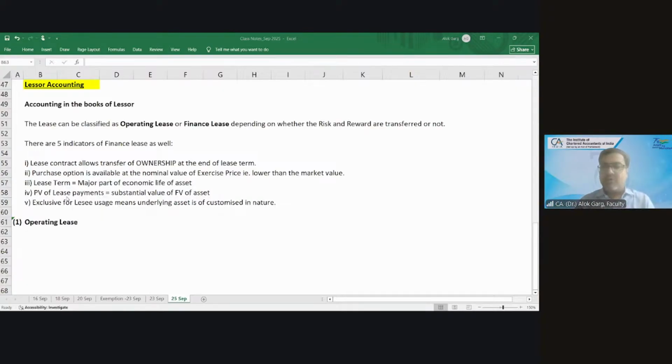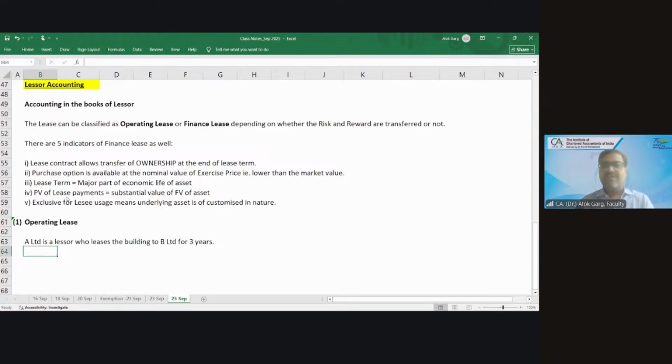A Limited is a lessor who leases the building to B Limited for a period of 3 years.